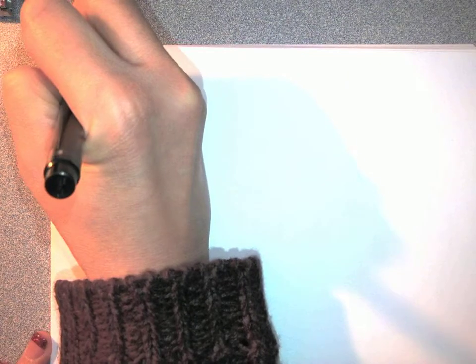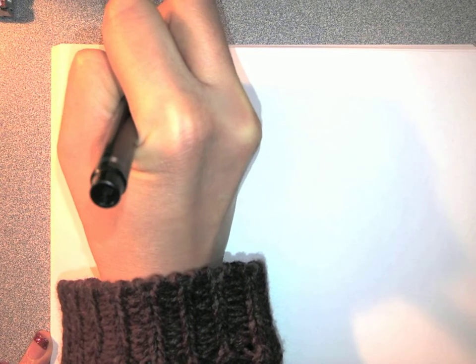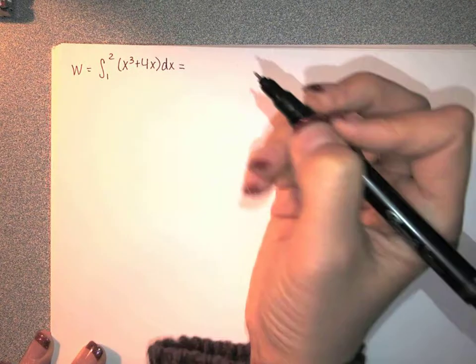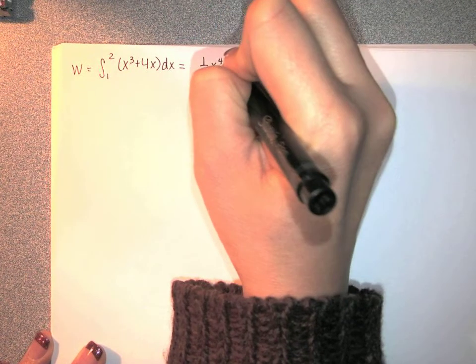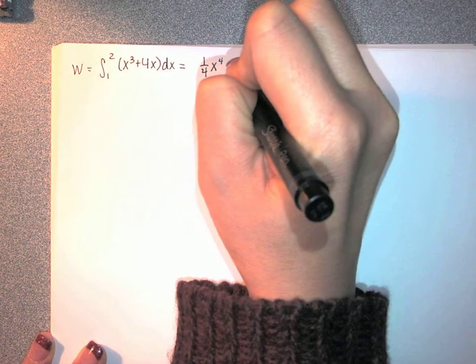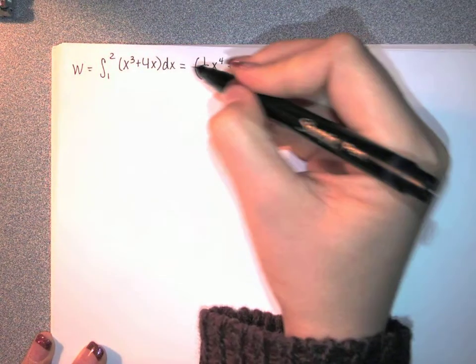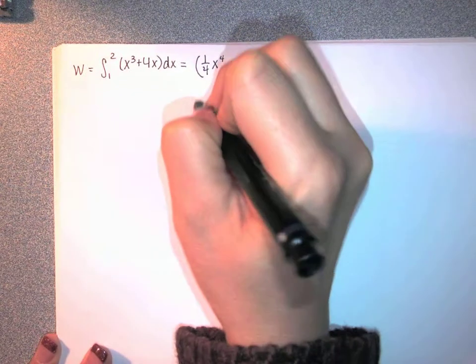So work is, in this case, the integral from 1 to 2 of x cubed plus 4x dx. We're going to use the power rule, add 1 to the exponent, divide by the new exponent, bring the 4 down, add 1 to the exponent, divide by the new exponent. By the fundamental theorem of calculus, we take the antiderivative, we evaluate it at 1 and 2 and subtract.